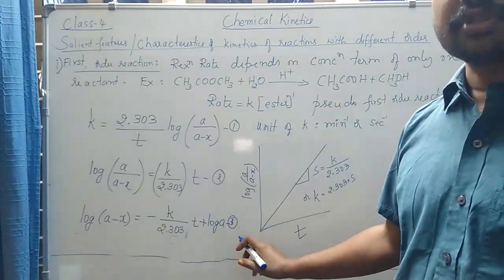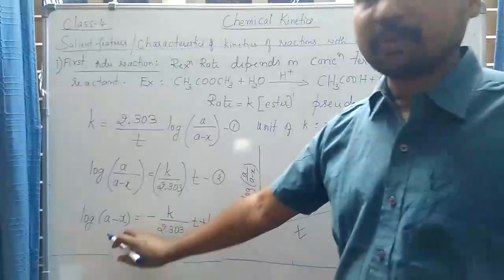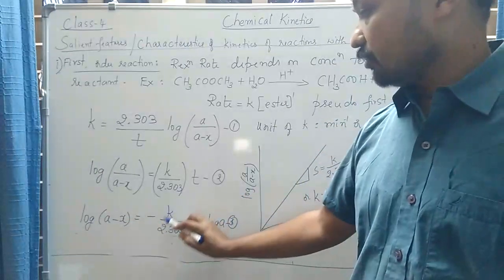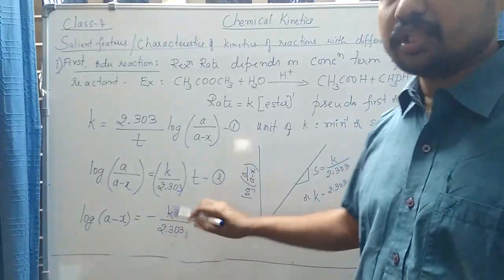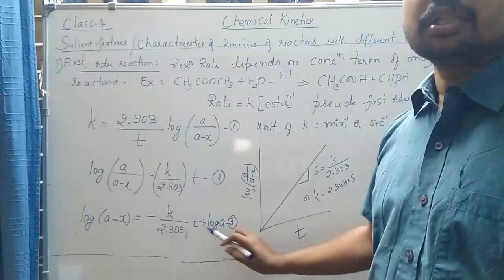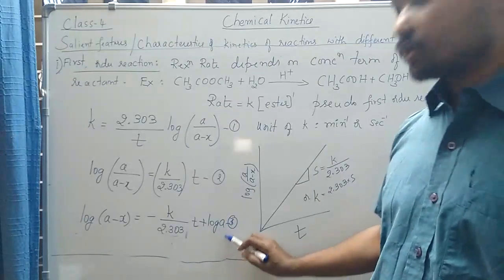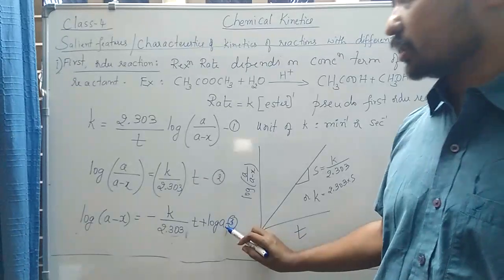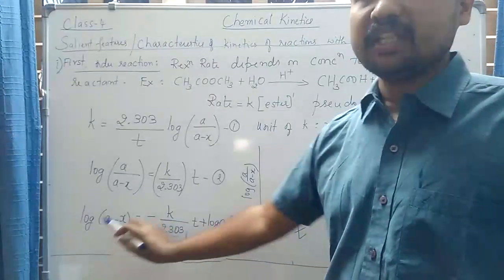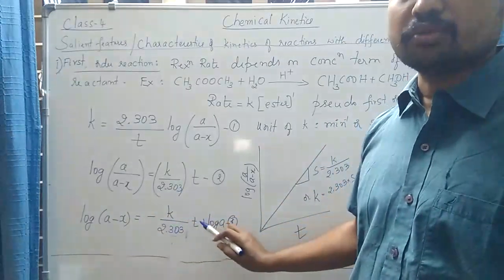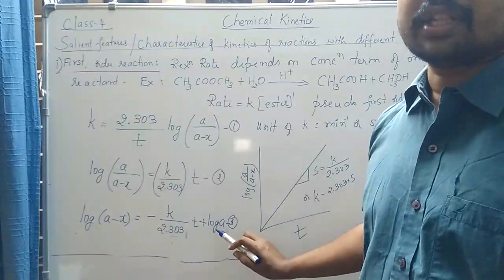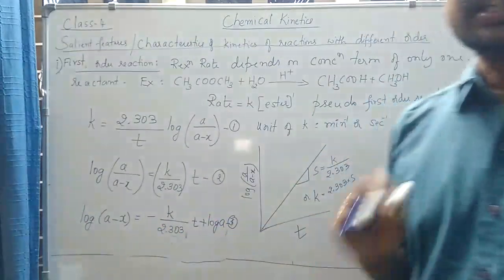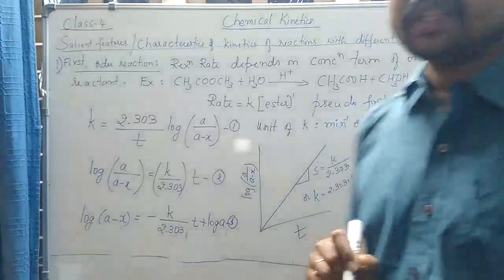Alternatively, I can use equation 3. Here log of a minus x is a variable, k divided by 2.303 is a constant, into time t is a variable, plus log a is again a constant, because a remains constant as it is the initial concentration. So this equation is of the form y is equal to m into x plus c. So it represents a straight line with a definite, non-zero intercept.